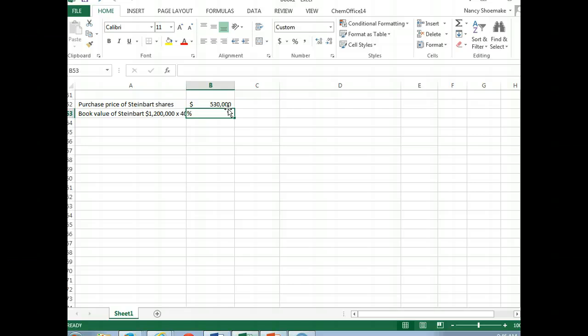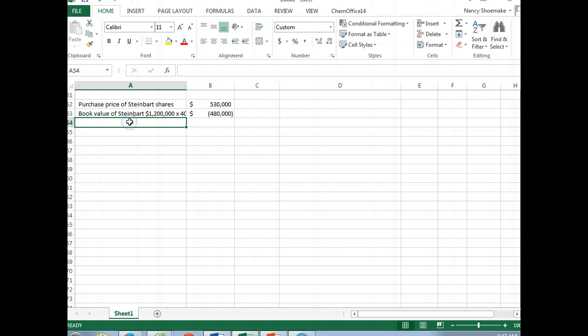Where's my equal sign? Equals 1, 2 times 40. What am I doing wrong? 480,000. Okay?